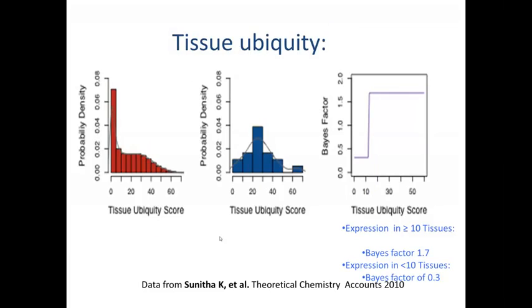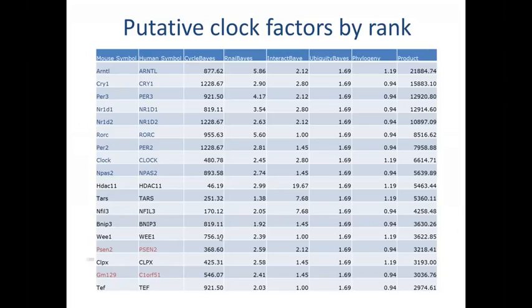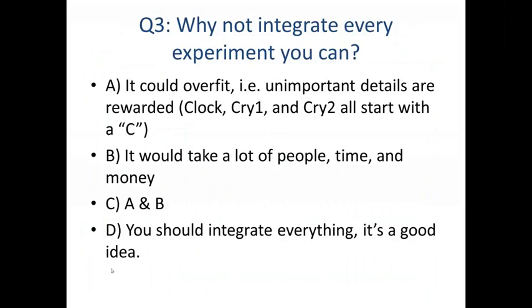Here's a codification of that, looking at tissue ubiquity. And at the end of the day, it boils down to a table. Gratifyingly, we found many of the core clock factors. It's sort of circular logic because we use these to actually train our algorithm, but we also find a lot of genes that are not known to be core clock factors down here, and in particular I'm going to highlight this GM129 or C1orf51 as it's known in humans.